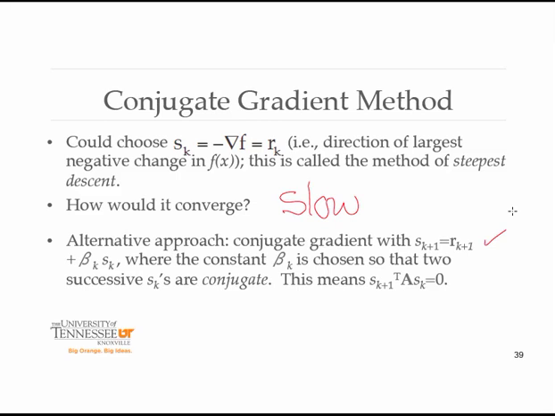All right? And the idea is that you would choose successive s_k's here so they are conjugate. Conjugate in this case means s_k transpose A s_k equals 0. I'll show you a picture in a minute that really explains what this means.